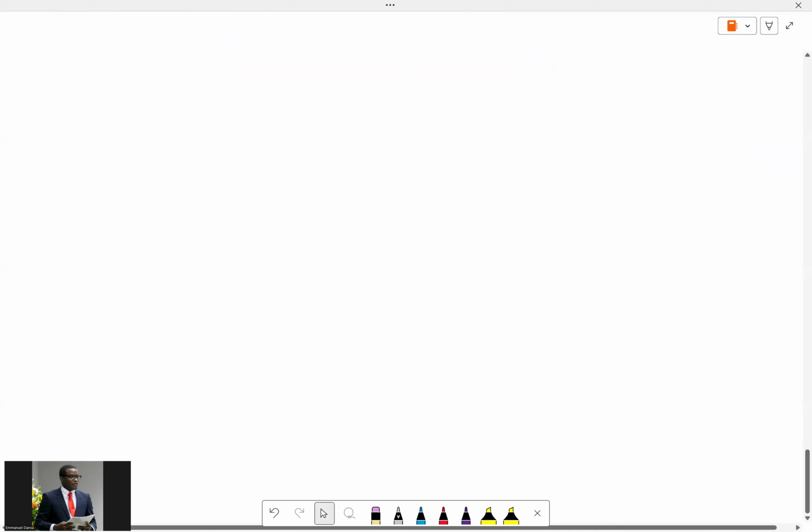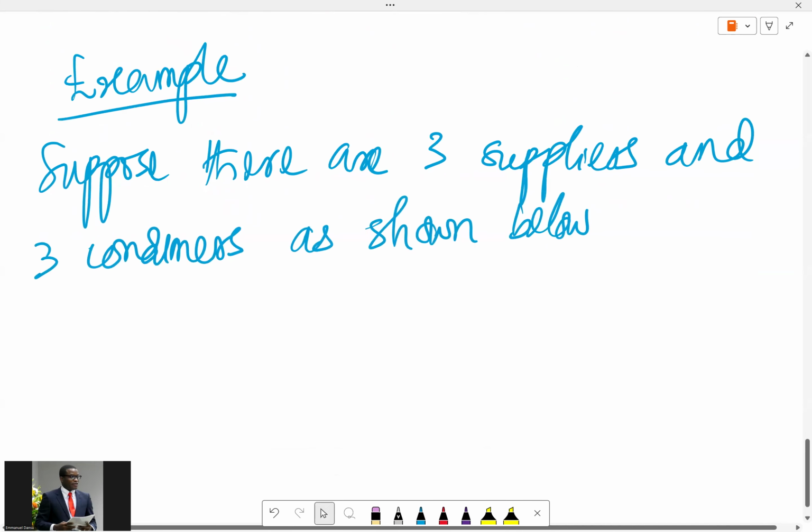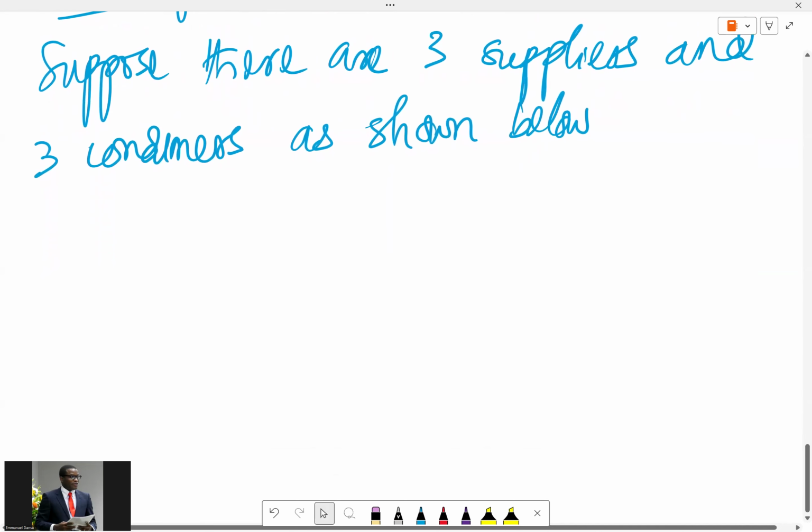We now have the table, which you can also refer to as a kind of matrix, with three suppliers and three consumers.